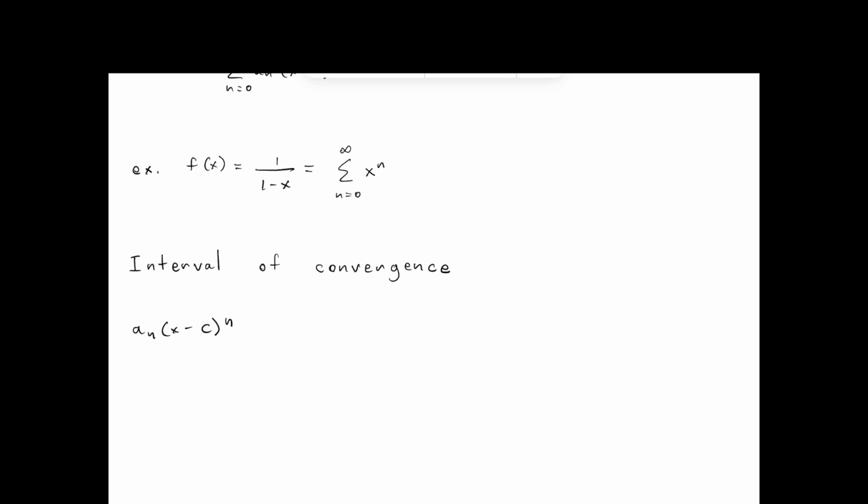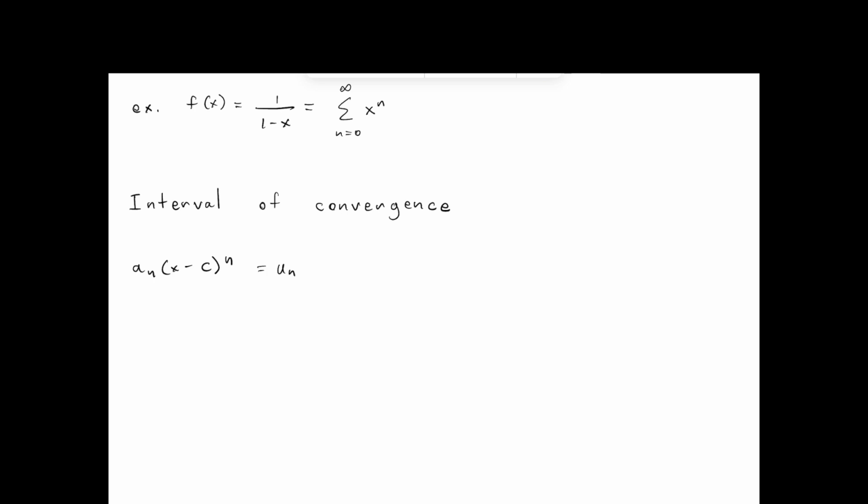Now, jumping back to what we're talking about, if we express this sequence inside of our series, a sub n times x minus c to the power of n, in terms of some temporary variable, which I'll label u sub n, then we can apply the ratio test. And in the context of power series, if you have the limit as n approaches infinity of the absolute value of u sub n plus 1 over u sub n, and this is less than 1, then you have absolute convergence.